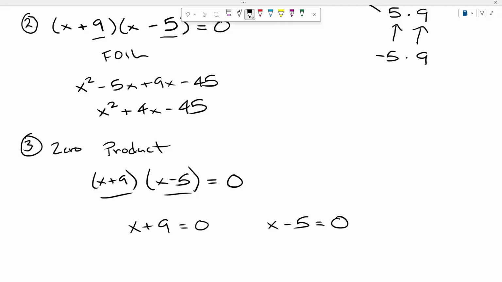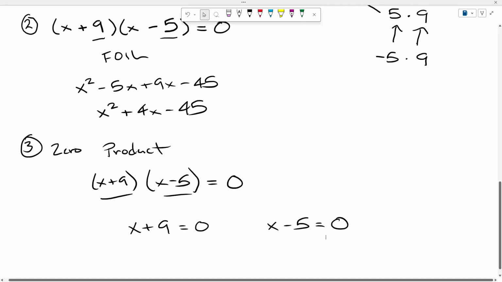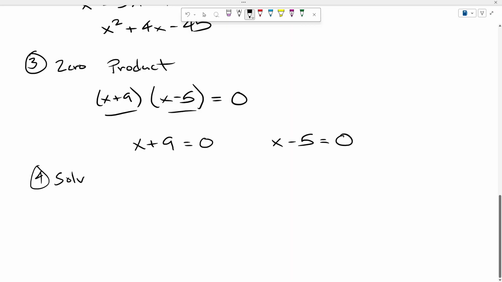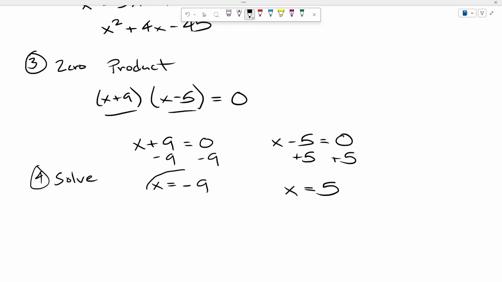Then your fourth step is simply to figure out what x is. If we subtract the 9, we have x equal to negative 9. And if we add the 5, we have x equal to 5. So x equal to negative 9 and x equal to 5.